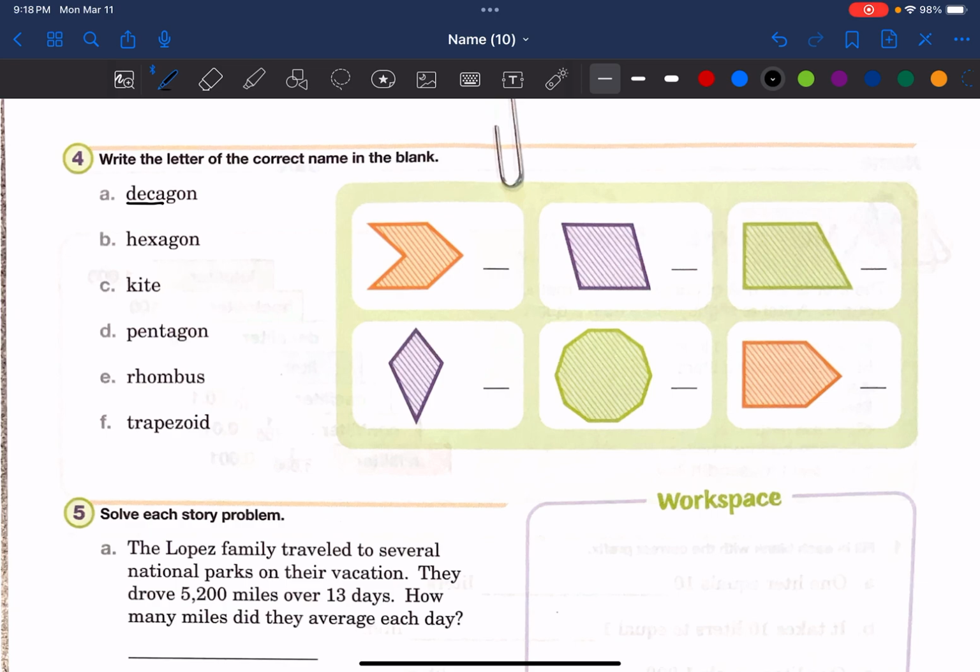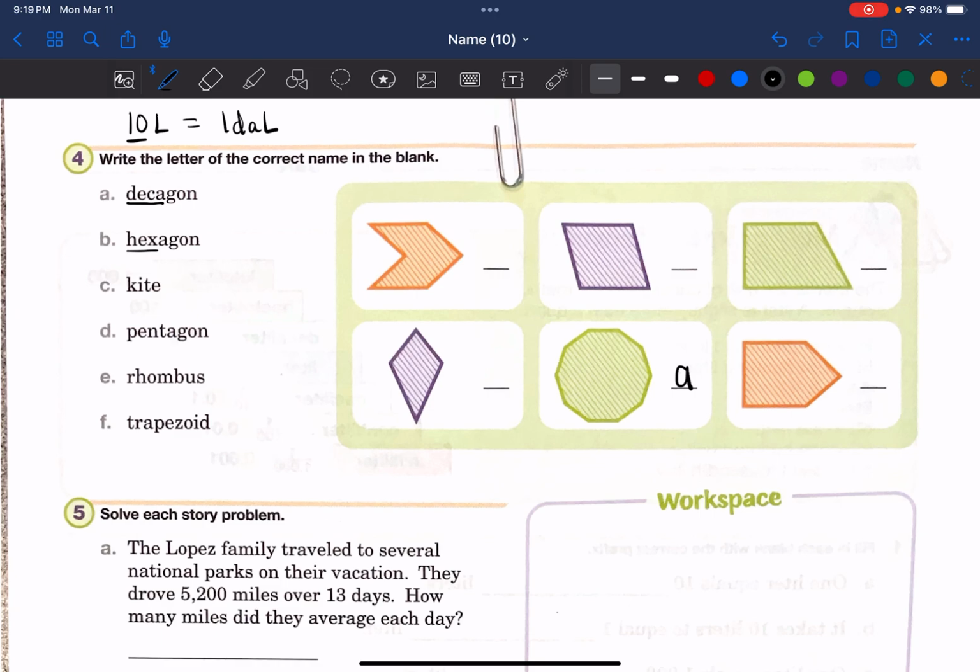Well, 10 liters equals 1 decaliter. So deca means 10. So what's our 10-sided figure? A. Okay, a hexagon. I don't know if you really remember what hex would be. So maybe come back to that one.